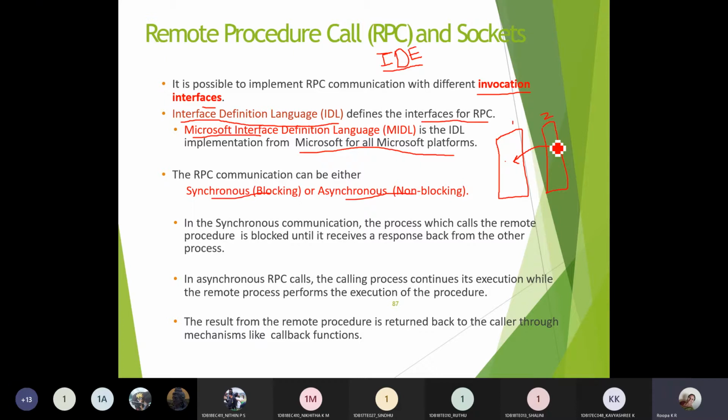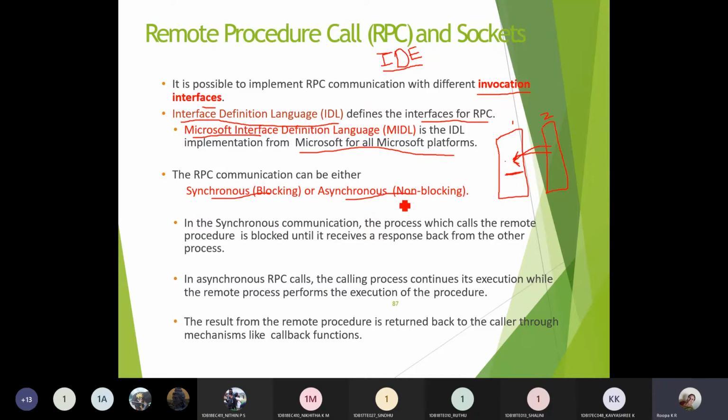Process 2 will accept the request, and through RPC it will send that information to process 1. Until it gets the information from process 2, the execution of process 1 will be stopped, it will be blocked. Until you get the response, the operation of process 1 is blocked. Once it is received, it completes its execution and moves on to the next operation.